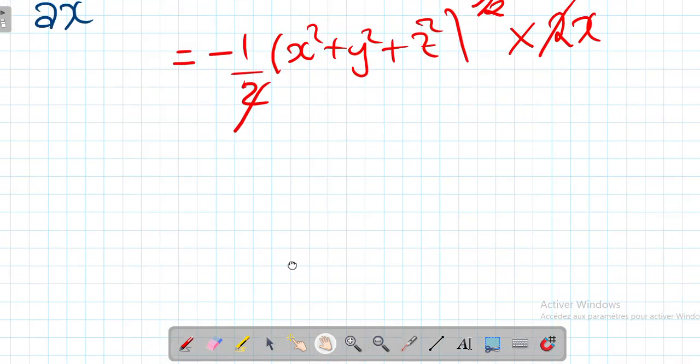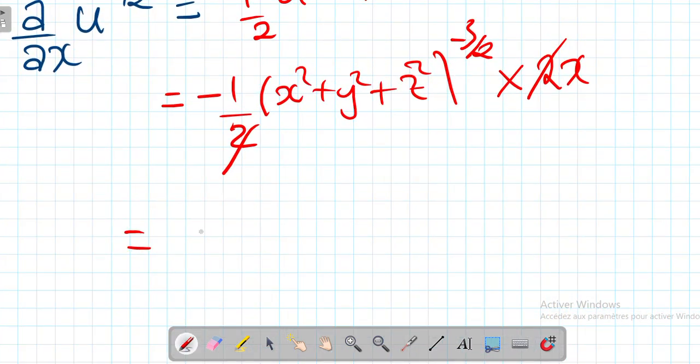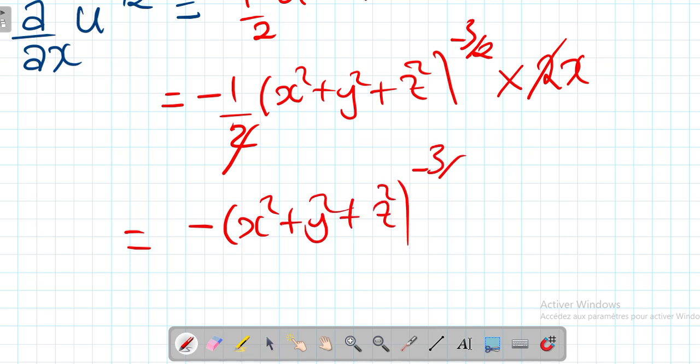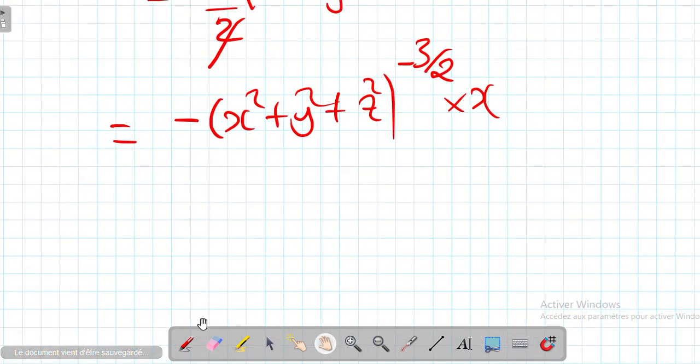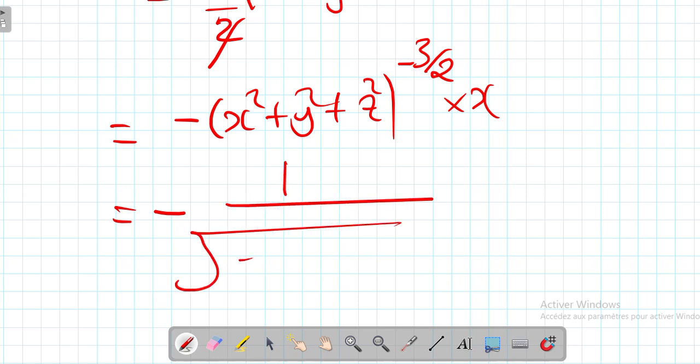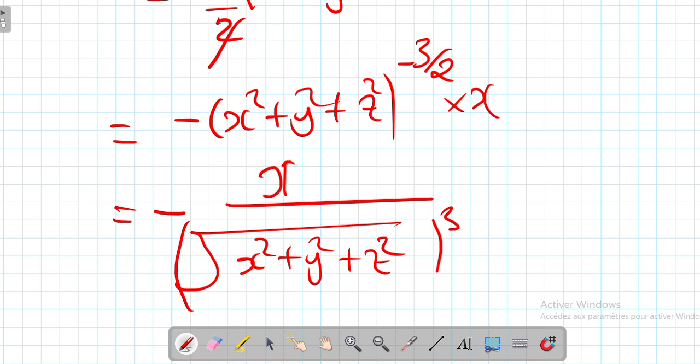I'm going to have a negative, x squared plus y squared plus z squared to the power negative 3 over 2, then multiply by x here. If I want, again, I can express this as 1 over the root of x squared plus y squared plus z squared to the power 3, then multiply by x on top, of course.